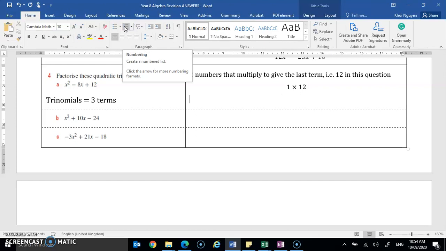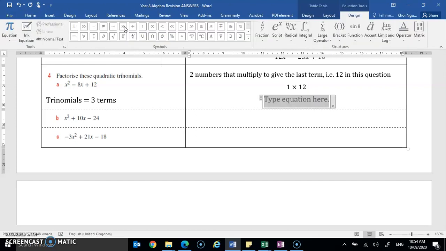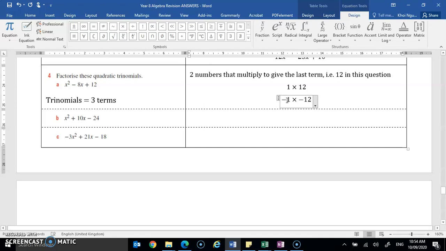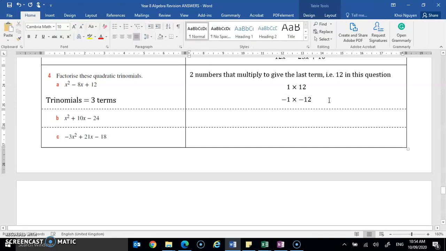Now remember that we can have negative numbers as well. So it can also be -1 times -12 because we want to get positive 12, so two negatives multiply together.